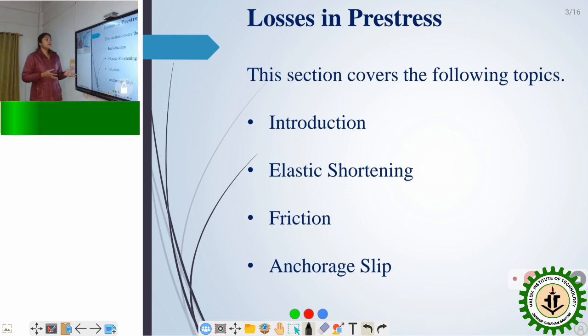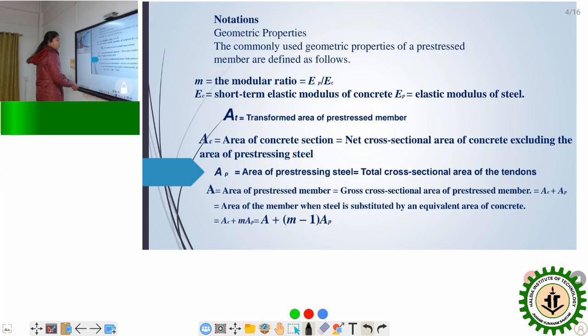So today we will be covering the immediate losses, and we will be seeing how the immediate losses affect the pre-stressed concrete stresses in the section. So let's go through some of the notations required to calculate the immediate losses, specifically elastic shortening of the pre-stressing tendons.